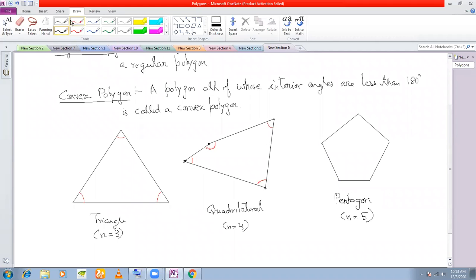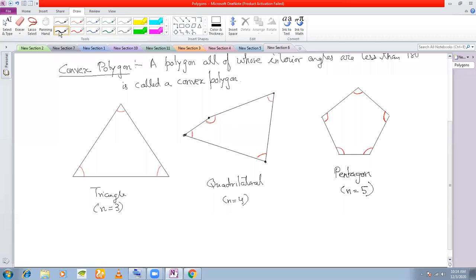All these are convex polygons because each of the interior angles is less than 180 degrees. All the interior angles are there. These are all less than 180 degrees.